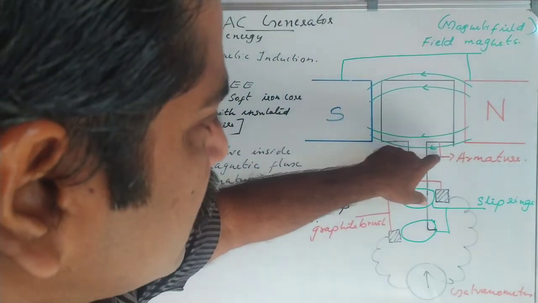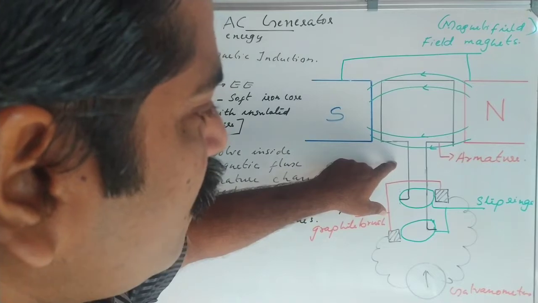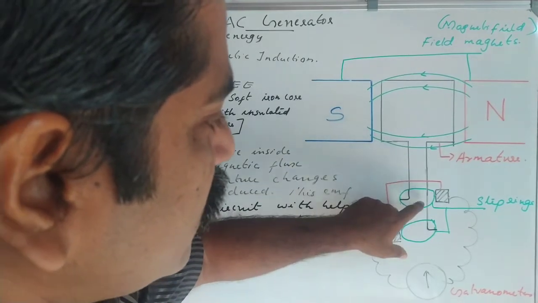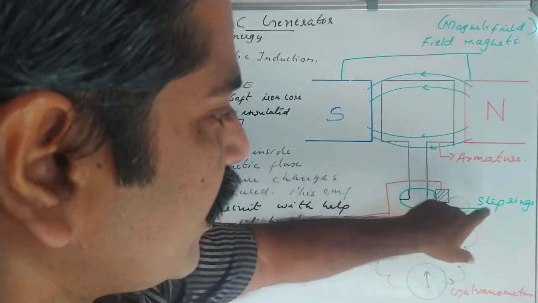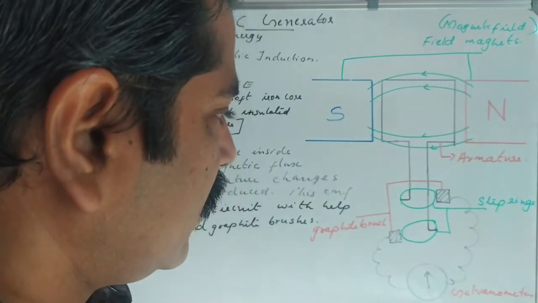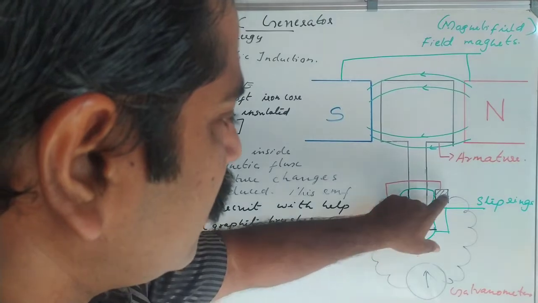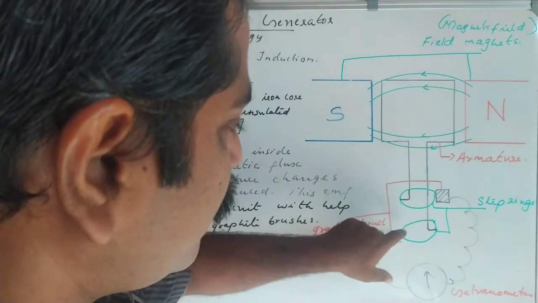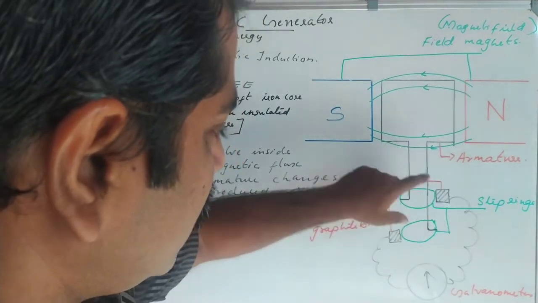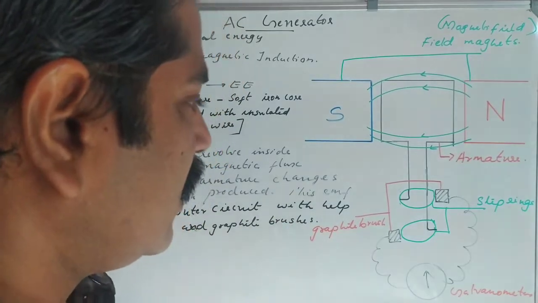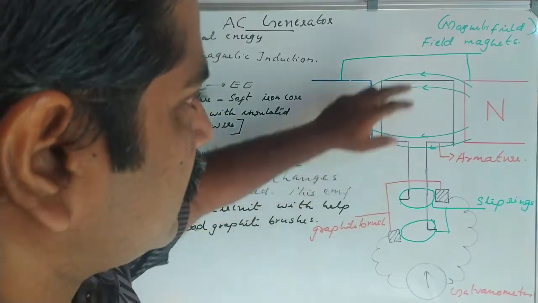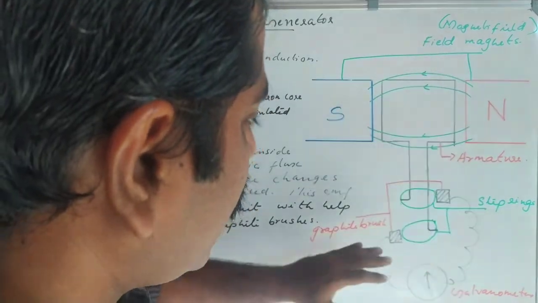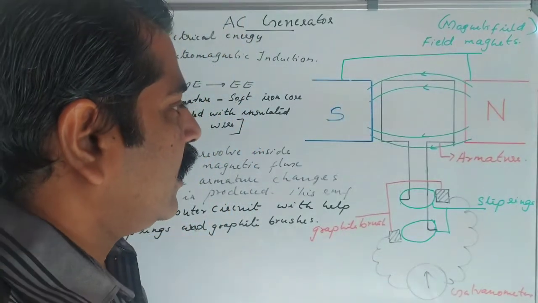Either end of the insulated copper wire is connected with two metallic rings, known as slip rings. These are in contact with two graphite or carbon pieces, known as graphite brushes. So these four are the important parts of an AC generator.